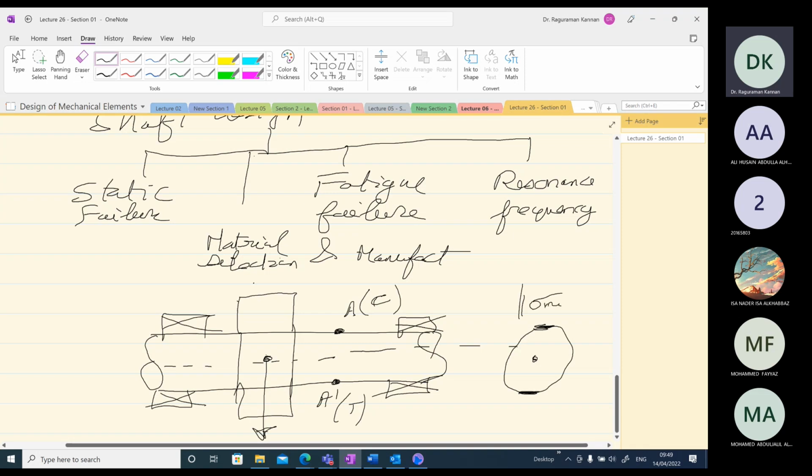So if you consider this as minimum, here it will become maximum tensile. The magnitude of stresses on the top and bottom are going to be equal, which means it is a completely reversed bending moment load. Usually the shaft is connected to a motor, right, which applies some kind of a torque onto the shaft, and the motor usually rotates at a constant speed, RPM, and it will provide usually a constant torque also.